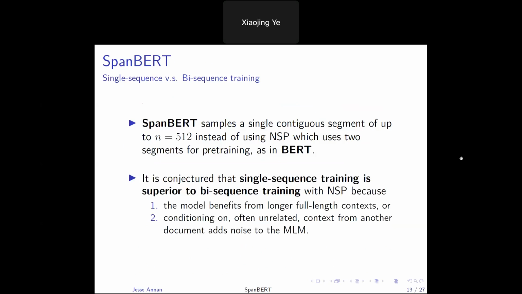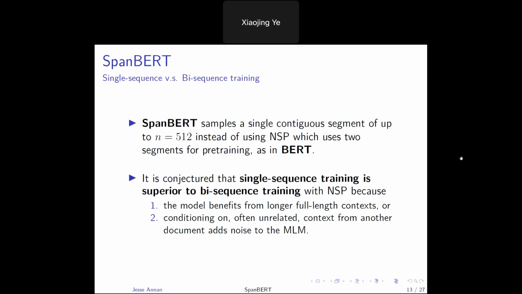If, let's say, the second sequence is from a random point in a corpus, and the mask is so long that it spans the first sequence and the second sequence, the context taken from the boundaries may not really make sense, because one is from a different sentence and the other is from a different sentence.